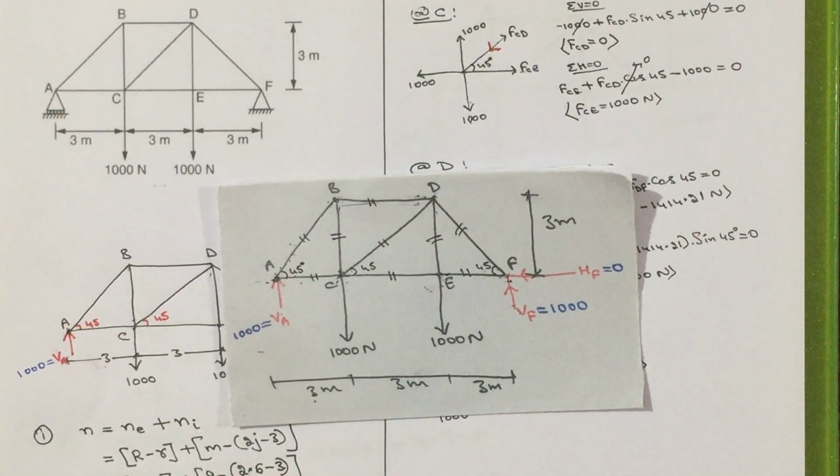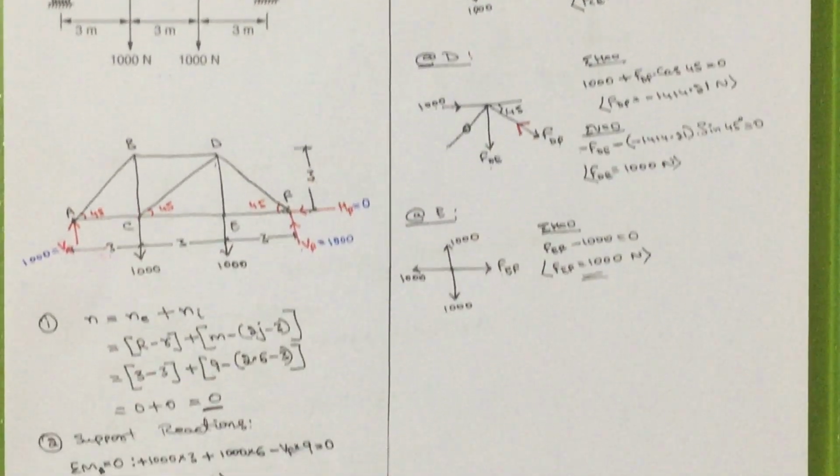Okay. Now what we need to do, they have said tabulate the result and indicate the nature of the forces in the truss. How to tabulate? In the theory portion I have explained that the table should be in the form of serial number, member, magnitude and nature of the force. So let us write the table.